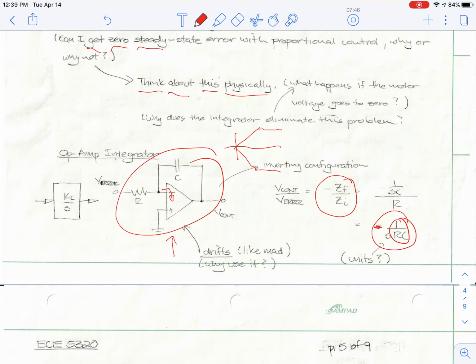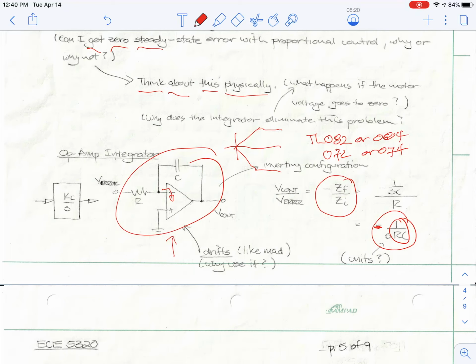Now, modern op-amps are pretty good, and so if you do this with a 741, it will rail before you can watch it rail. But with like the TL082, yes, it is my favorite op-amp, 82 or 84, or there's also 72 or 74, these op-amps, you can actually turn them on and watch it move. It'll take a few seconds to get up there.